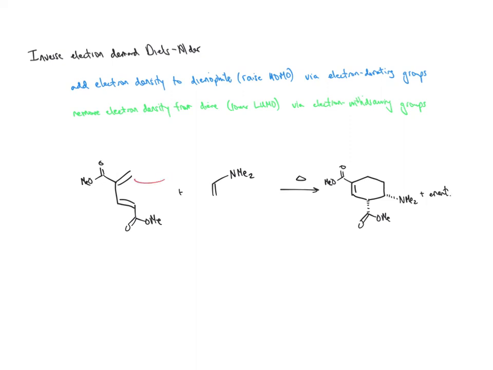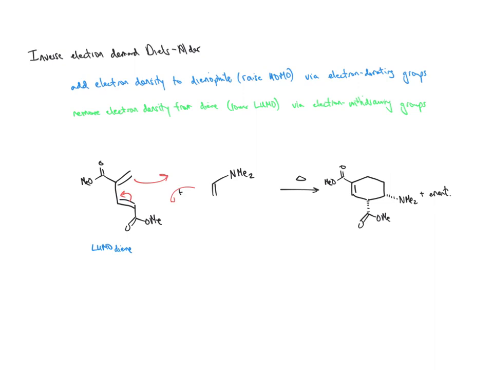We can get electrons to flow like this using the transition state we talked about last time. In the case of the LUMO of the diene, we've got electron withdrawing groups on those that are going to lower the LUMO.